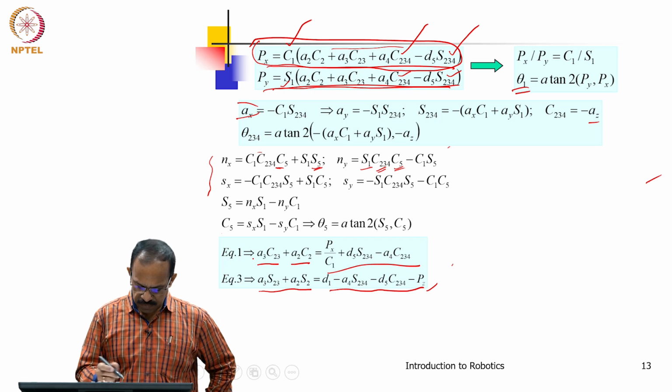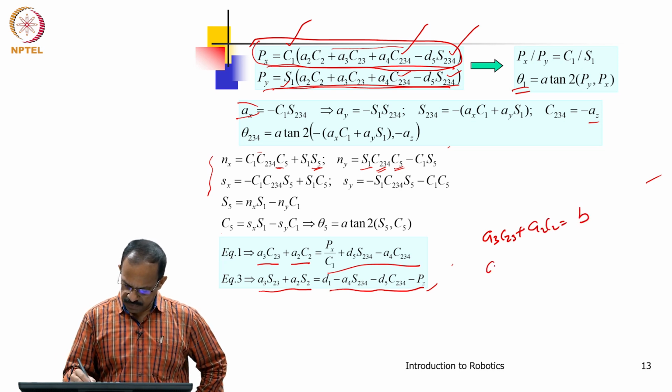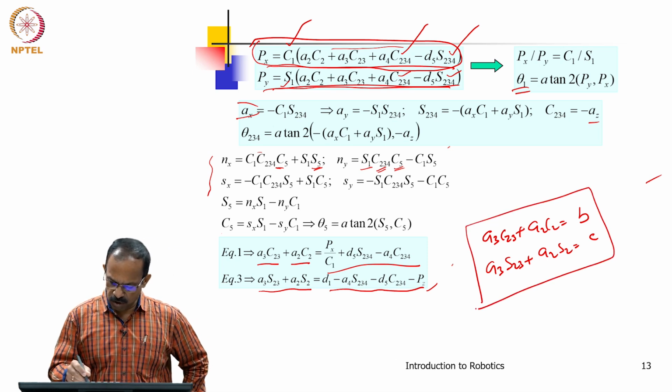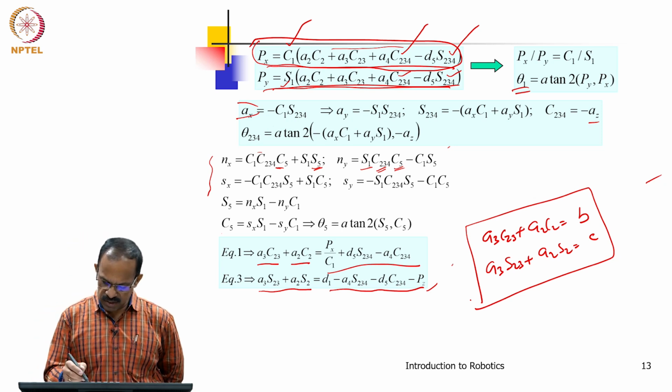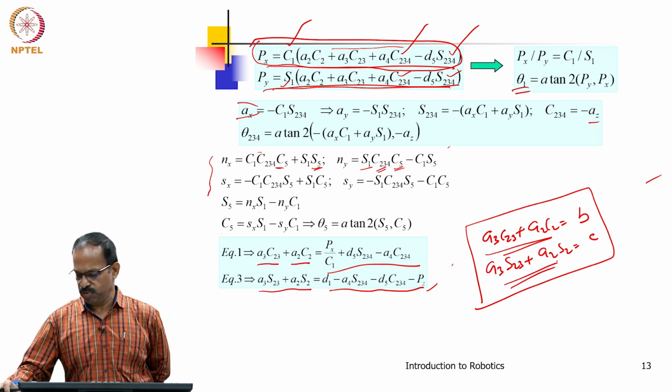A 3 C 2 3 plus A 2 C 2 is equal to a constant, A 3 S 2 3 plus A 2 S 2 is equal to another constant. This is a standard format that we saw in one of the slides earlier, and since this is a standard equation, we can use the standard solution for that.